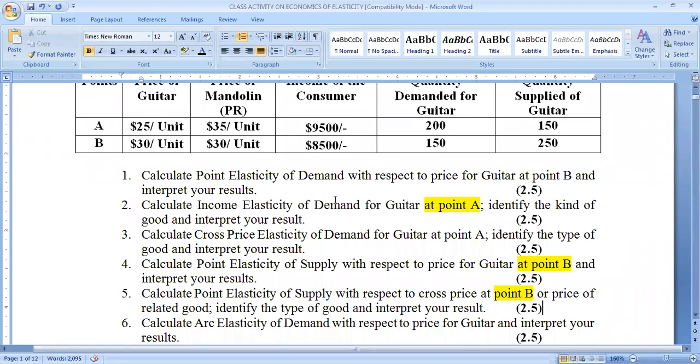So arc elasticity gives us understanding about finding the combined elasticity of 2 or more than 2 points, right?